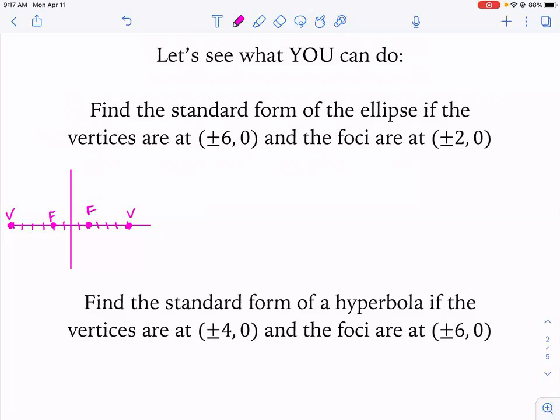We're going to try to figure out what's going on. Horizontal or vertical? Horizontal. Okay, so the A squared needs to go under the X squared. Now, if you know that C is 2, you wouldn't even need to solve for B as long as you know B squared.